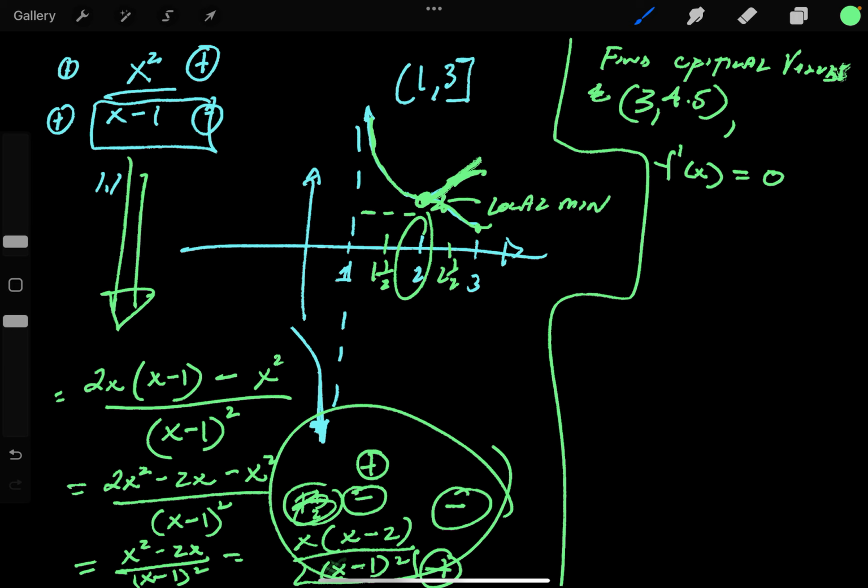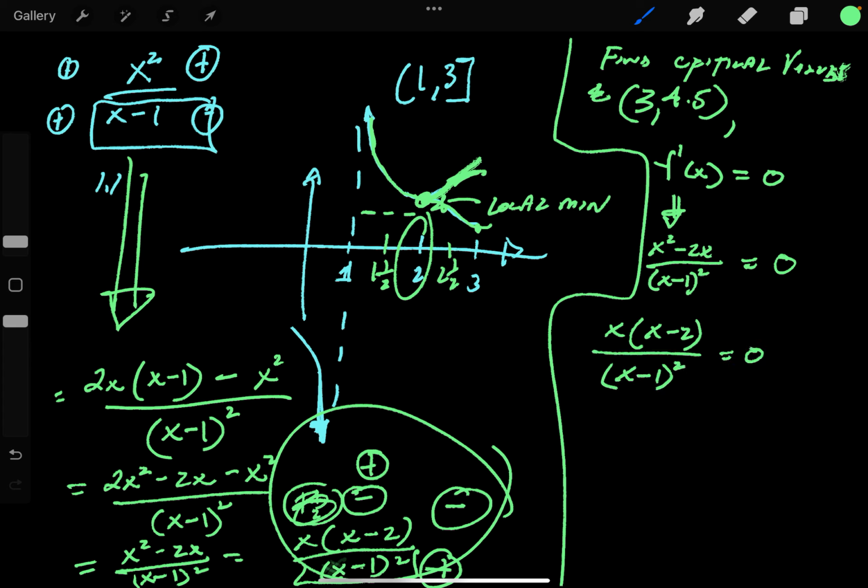So that would involve me getting f prime of x, which I got as x squared minus 2x over x minus 1 squared. And I set this equal to 0. This is going to equal 0 whenever x equals 0 or when x equals 2. So the 0 value I don't care for, because I'm only concerned about this interval. But the 2 value I am concerned about. So x equals 2 is going to be a critical value.